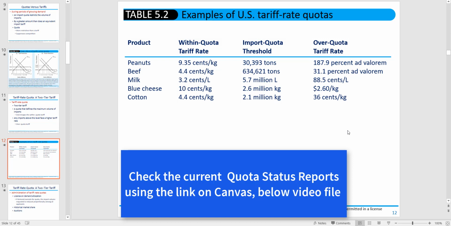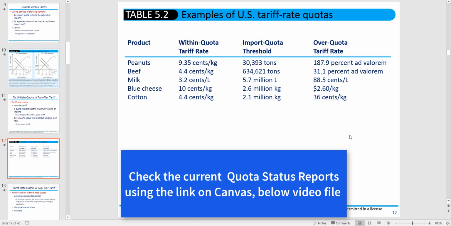It's less restrictive than a quota alone because it still allows you to buy more if you want. If it was just a quota, it would be illegal to buy more than these quantities. In the tariff rate quota, we're still allowed to do that, but the increase in the tax paid in importing this foreign good increases dramatically.